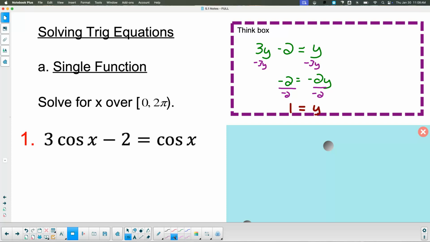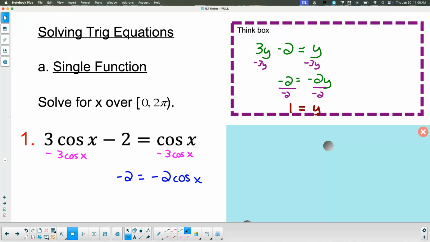you're going to be solving for the trig function that's in your problem. So here in this one, I would subtract 3 cosines of x from both sides. That's going to give me then negative 2 equals negative 2 cosines of x.